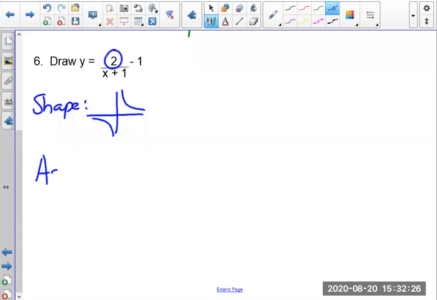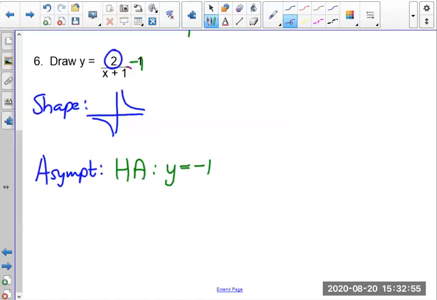Then you carry on to the asymptotes. Now you have a new vertical asymptote and a new horizontal asymptote. So this one gives you the horizontal asymptote. Horizontal asymptote will be y equals minus 1.